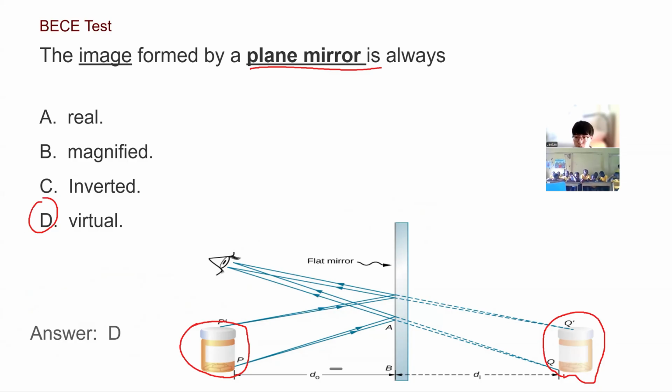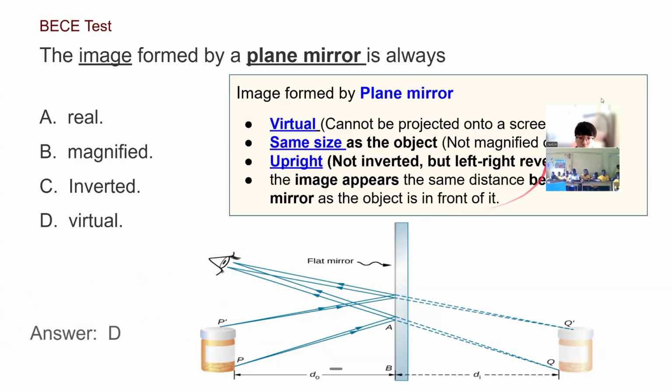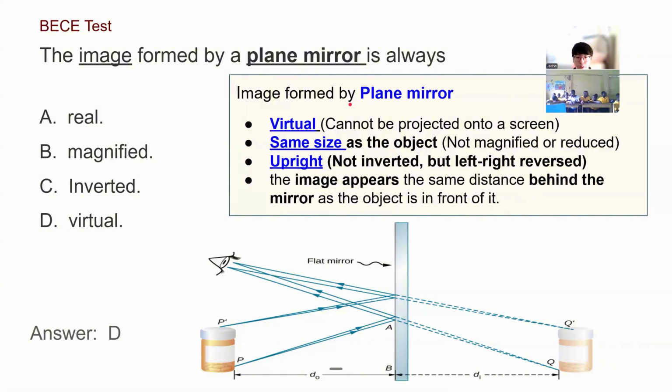It only happens with concave mirrors for real images. So this summarizes the image formed by a plane mirror. It is always virtual, always the same size, and always upright.